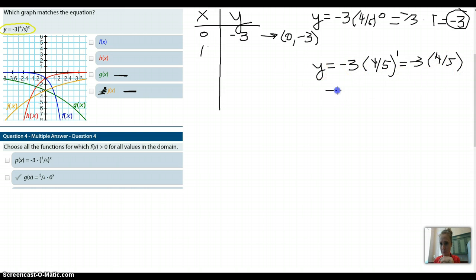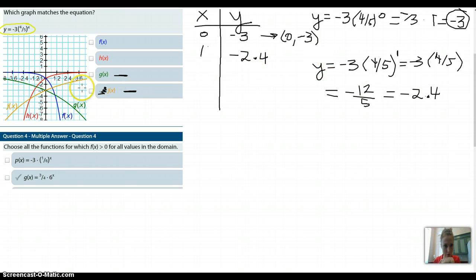When I do that multiplication, I get that is equal to negative 12/5, which is equal to negative 2.4. So a little less than 2.5. So let's go ahead and put that there, negative 2.4.